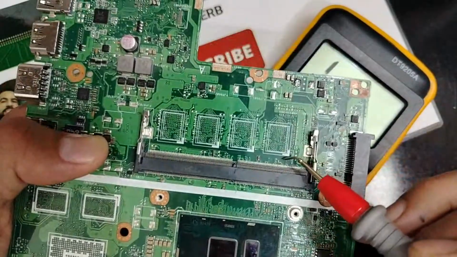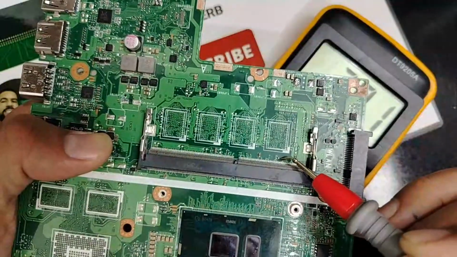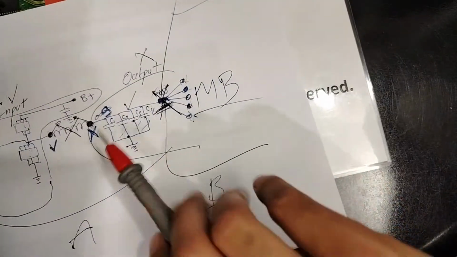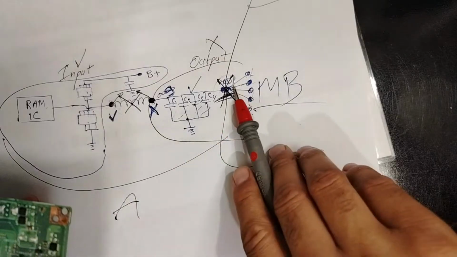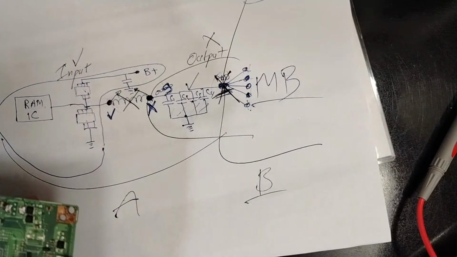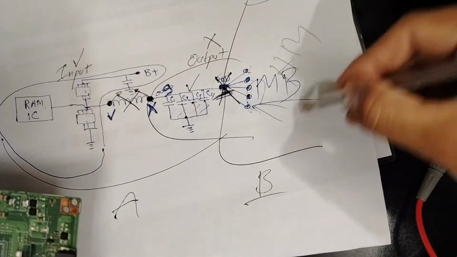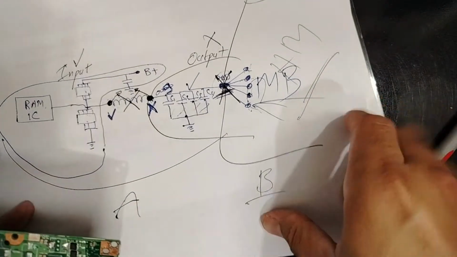All ceramic capacitors here are shorted. Do you see? Because, my friend, as I told you here, basically the circuit is for the RAM. This side means the motherboard, but here we have, of course, the RAM circuit. This is the RAM circuit.